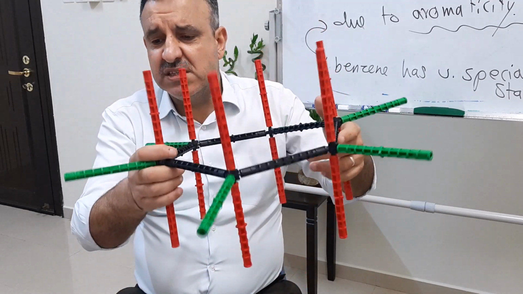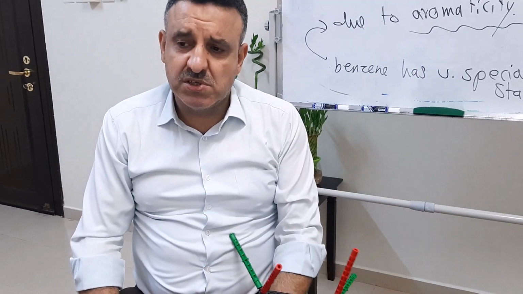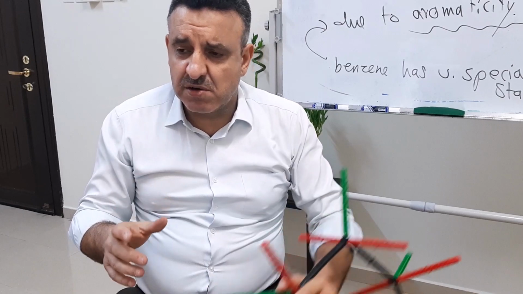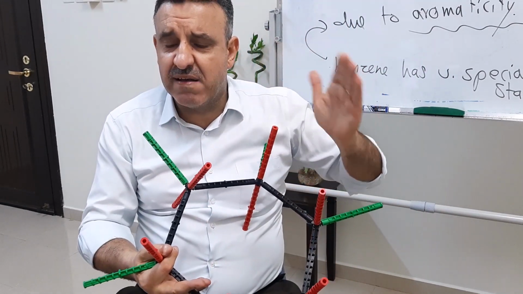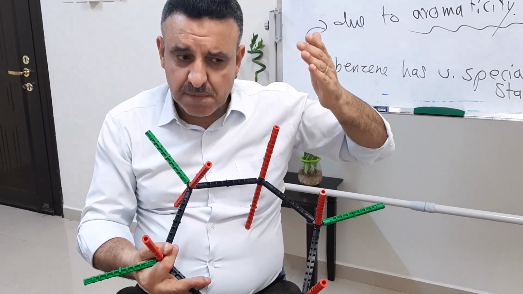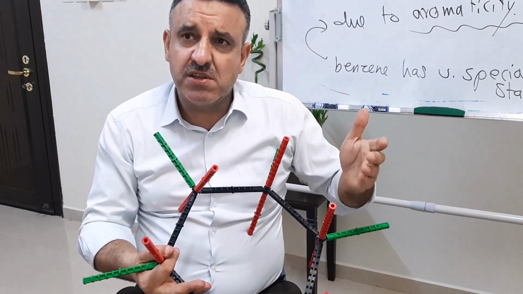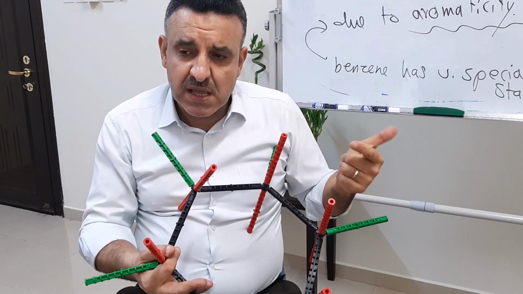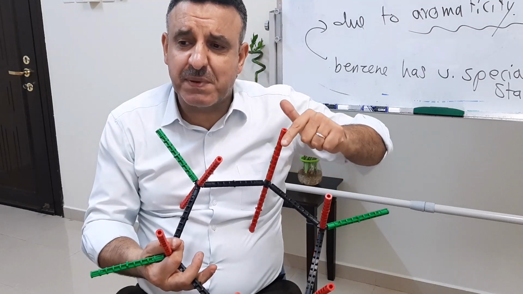So that's why it's very important for you from now on to remember that when certain structures have the benzene system, we should expect special stability. Any structure mimicking the behavior of benzene should show special stability, and therefore it should be accompanied with special chemistry.